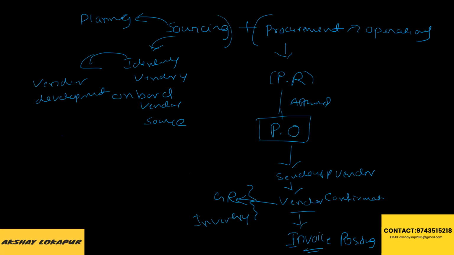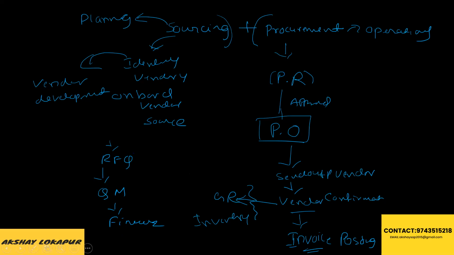But if a requirement comes and we don't have our desired vendor, and you want the material at a lower price, then you need to send a request for quotation, RFQ, to different vendors. Quotation maintenance will be there, and then you finalize the vendor and create a purchase order to the vendor.